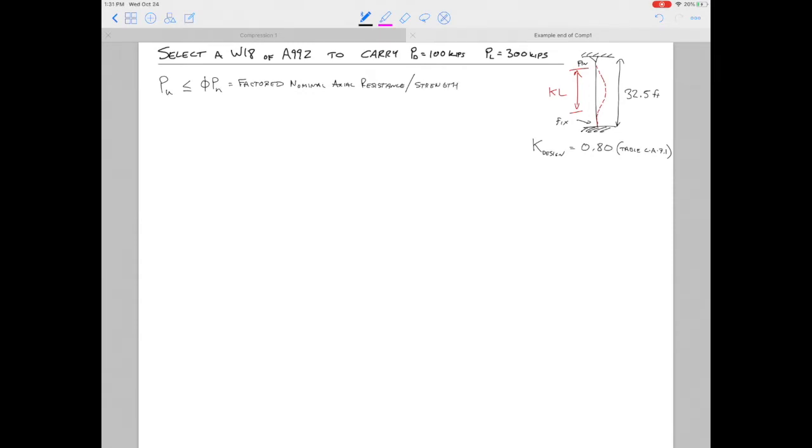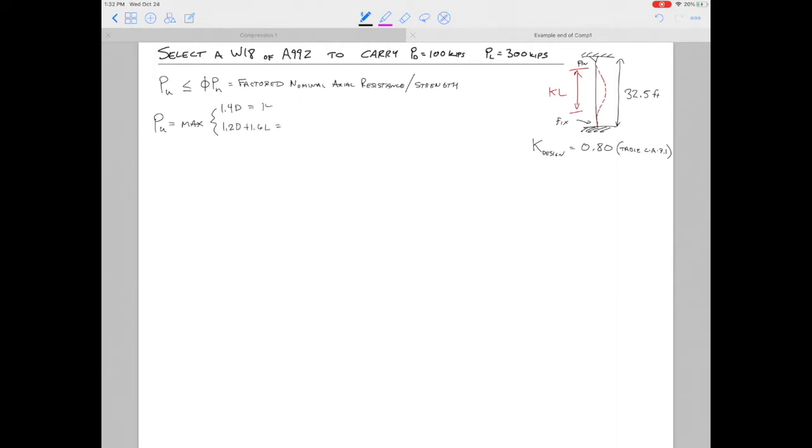Okay, so next thing we need to do is calculate the demand. So we know that since we have dead load and we have live load, we need to do P sub u equal to the maximum of 1.4 dead, and 1.2 dead plus 1.6 live.